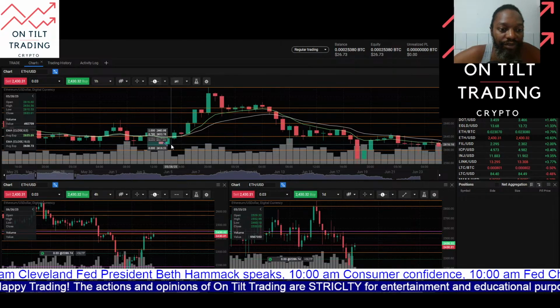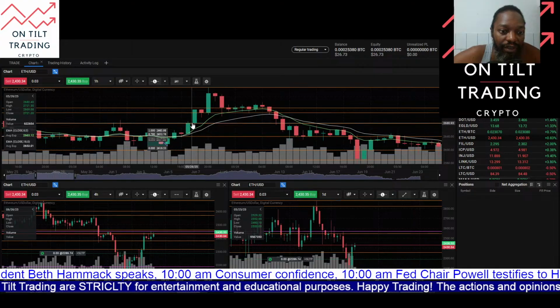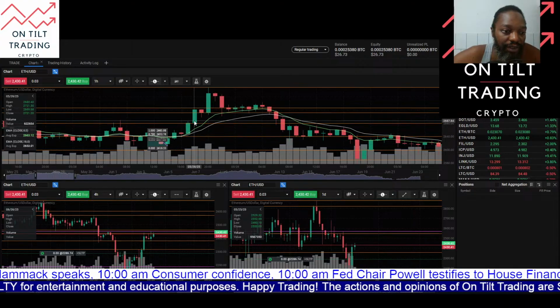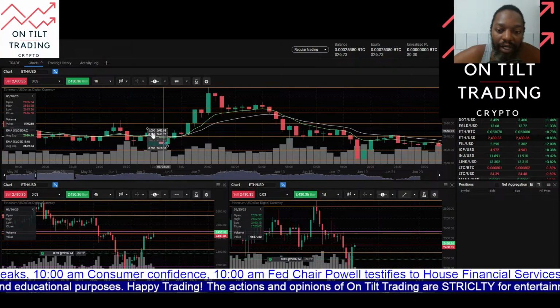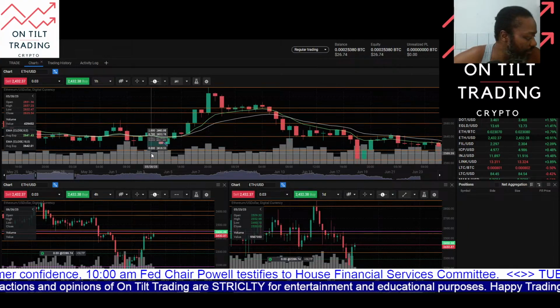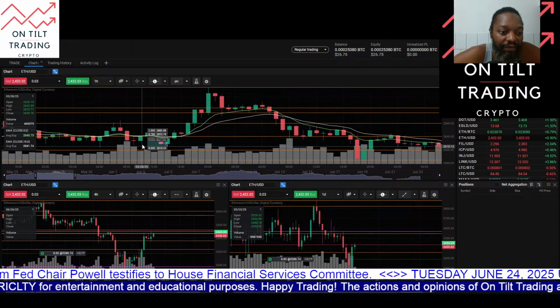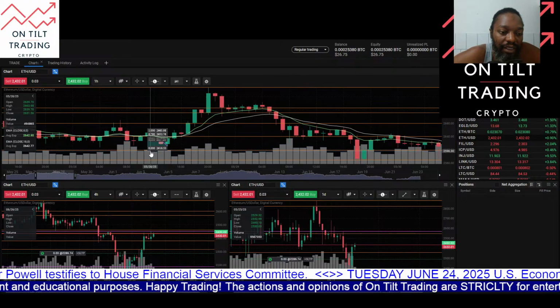This break of structure also puts in a moving average crossover, but this one goes the other way. If I am honoring my trading zone, or the time range in which I trade, my ideal time range where I feel like I have an edge, I'm not trading this.